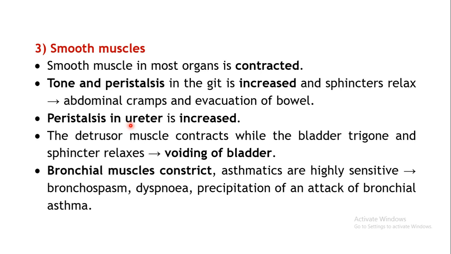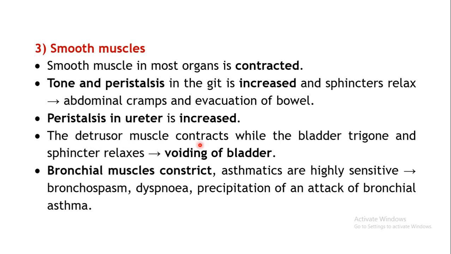Then again the peristalsis in the ureters. Ureters are the tube-like structures which are carrying the urine which is formed in the kidney towards the bladder for storage. So here also peristalsis is increased. Okay. Again the smooth muscles in the bladder are also affected.